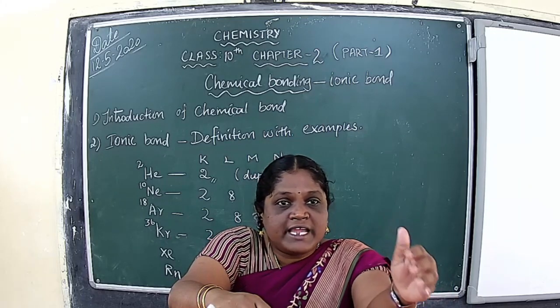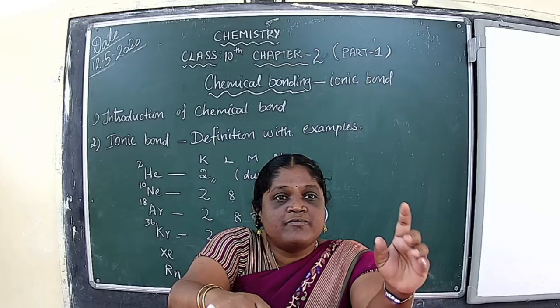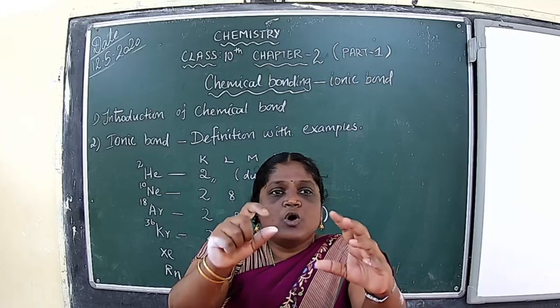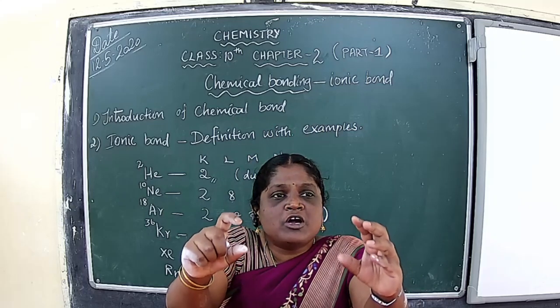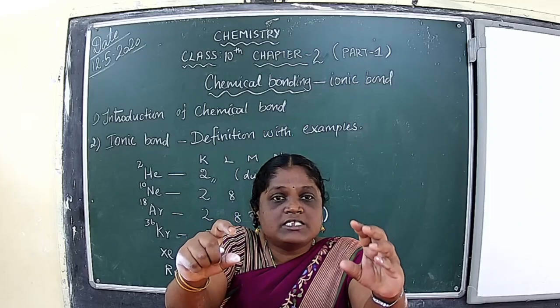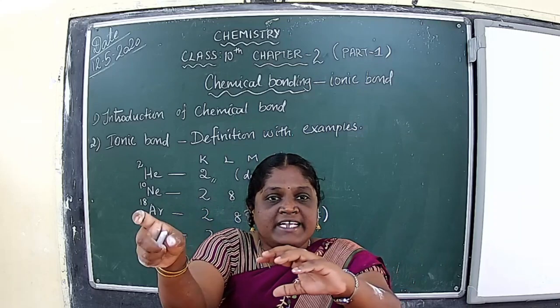Other atoms of the elements take part in the chemical reaction. How can they take part in the chemical reaction? When there is redistribution of their electrons. The redistribution of electrons develops a force between two atoms.